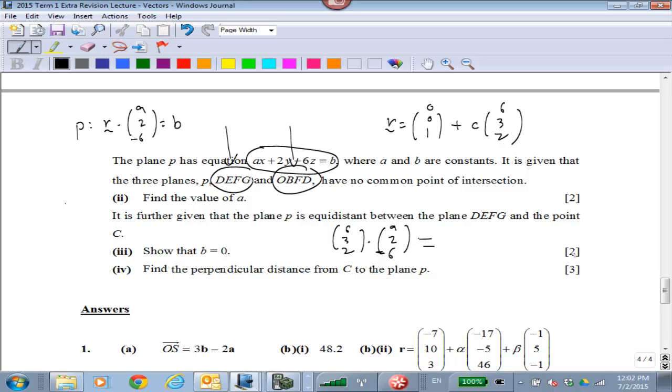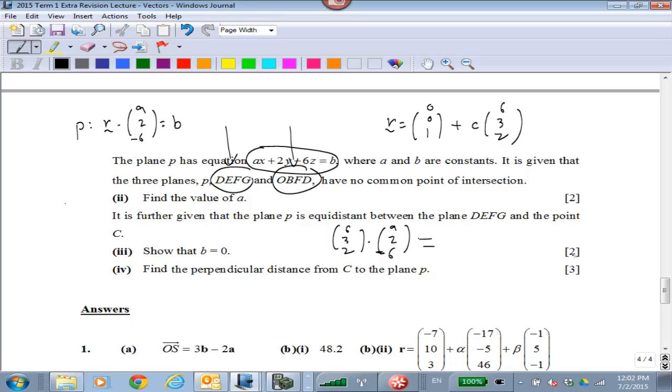It equals to what? 0. Do you know why? Because the line and the plane are not touching, so it's parallel to the plane. No, the 3 planes have no common point of intersection. The 3 planes are P, DFG, and OBFD. So the strategy is, I look at the intersecting line between DFG and OBFD.